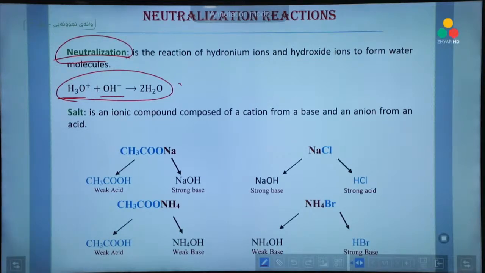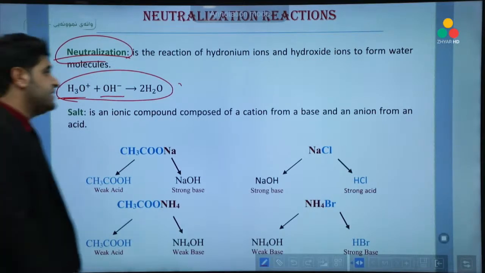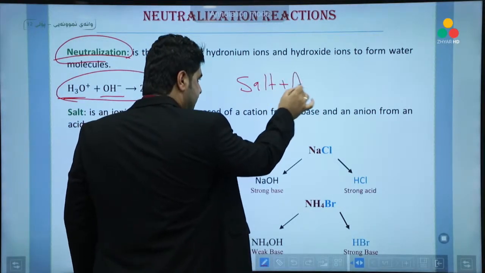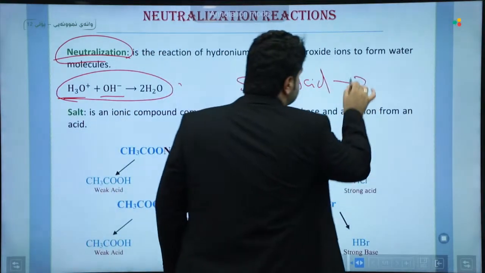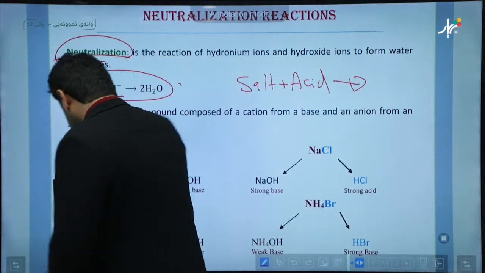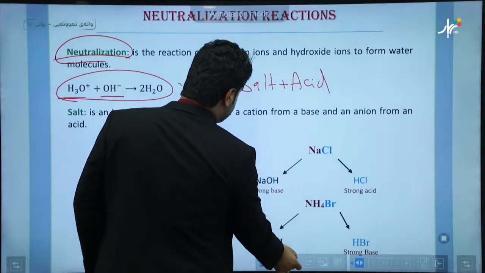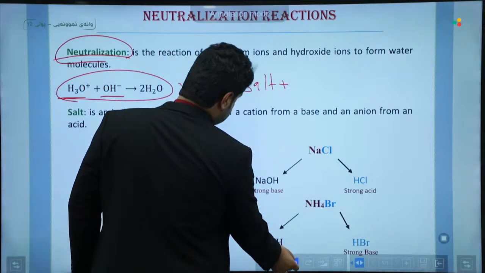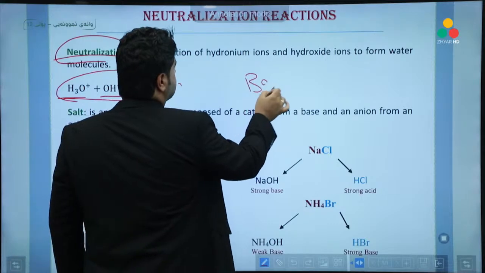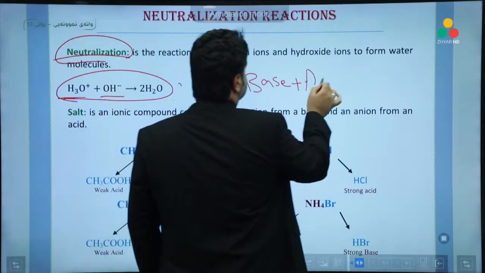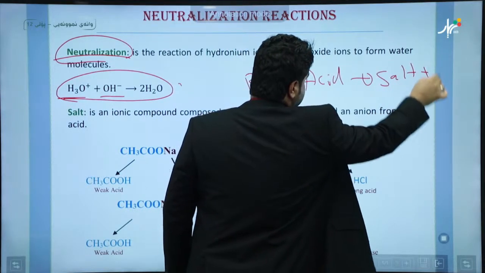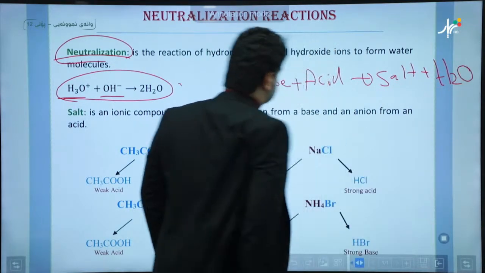But teacher, what's the neutralization reaction? The neutralization reaction is the reaction between salt plus acid to produce, it's not salt plus acid, it's base plus acid, to produce salt plus H2O, which is water.